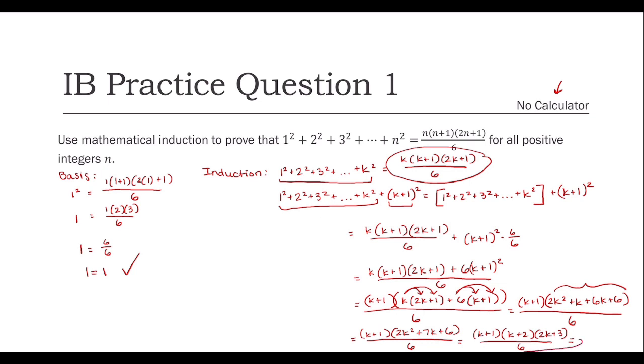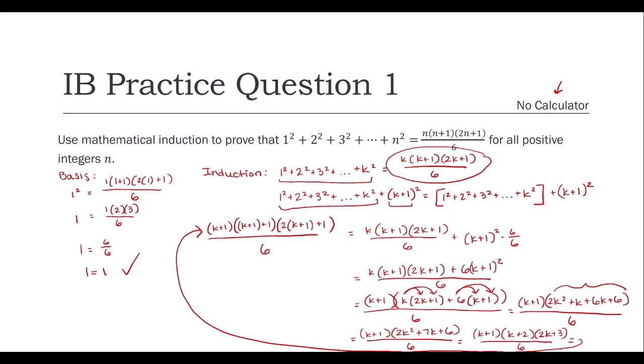So we can rewrite this. We'll go this way all the way up to here to rewrite it because we've kind of run out of room. So we can rewrite this as k plus 1 times, this will be k plus 1 more, times 2 times k plus 1 more, all over 6.